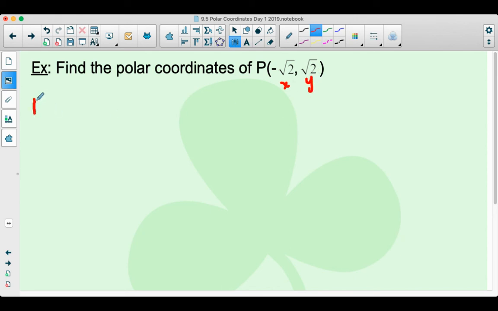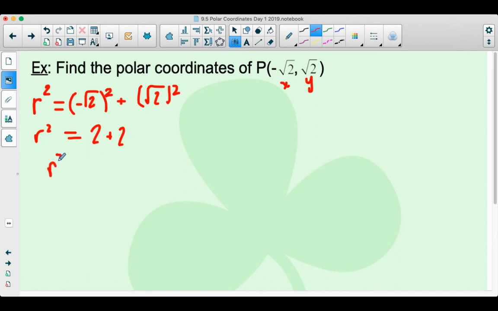So that means our r squared value is the opposite of the square root of 2 squared plus the square root of 2 squared, which means r squared is 2 plus 2, which of course is 4.